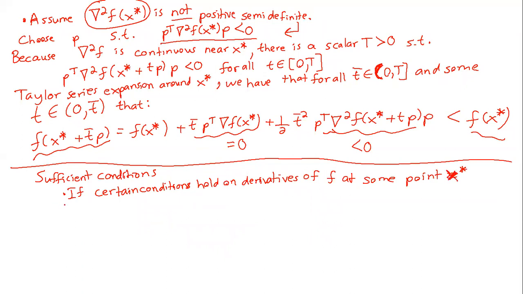At some point x star, then x star is a local minimizer. So it's going the opposite direction.